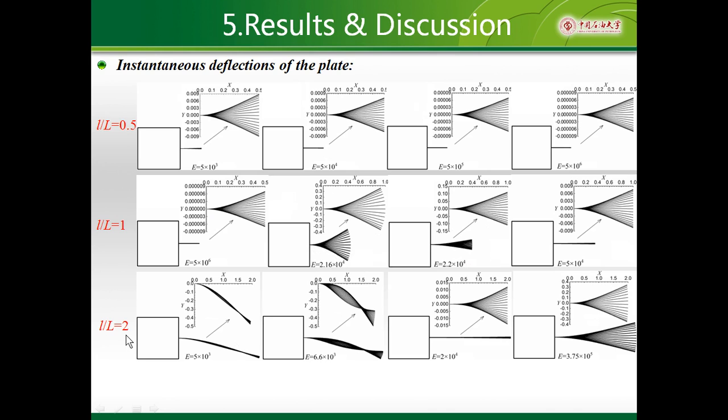At a plate length of 2, the plate always deflects downward in the off-central region, and the response is dominated by a second mode-like bending motion.